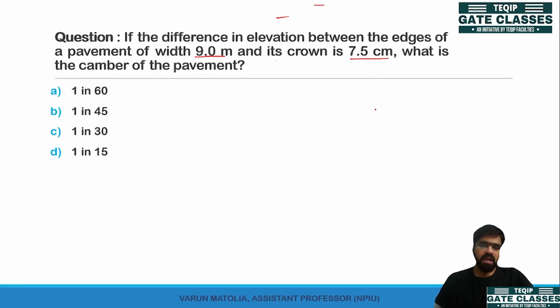Let us draw the camber profile. We are drawing here a straight line camber. Okay, this is the camber profile. The question says that the complete width of the pavement is 9.0 meter.